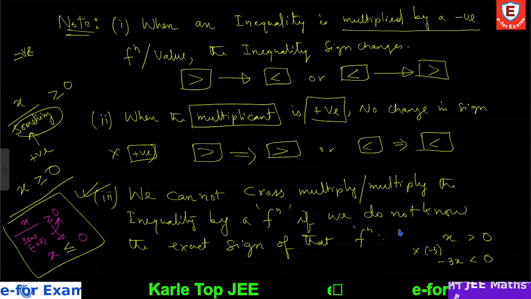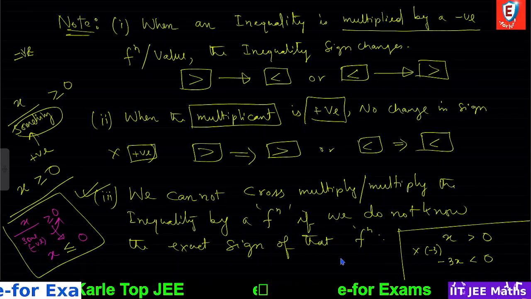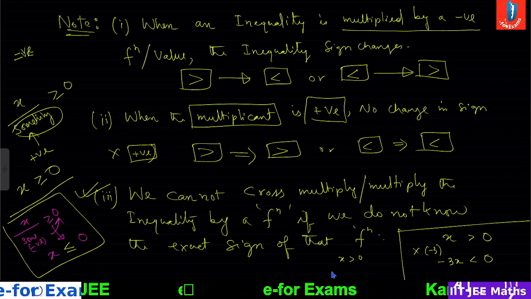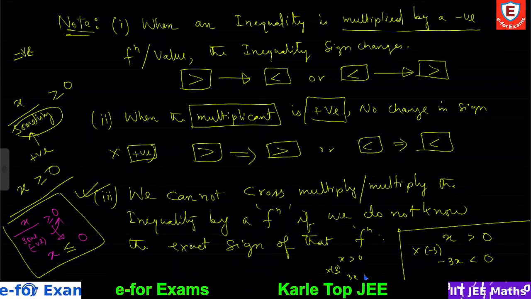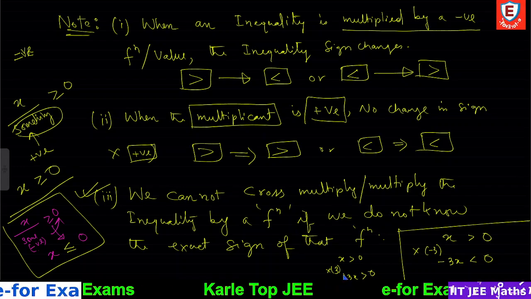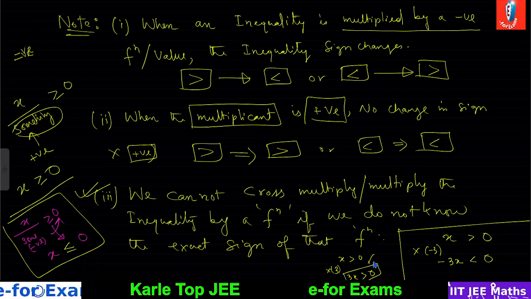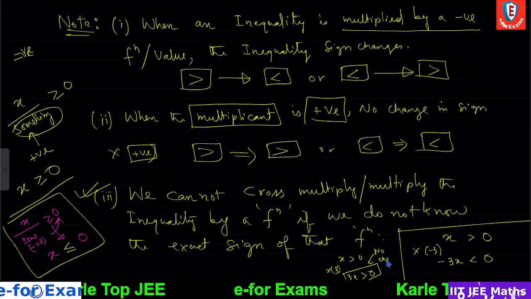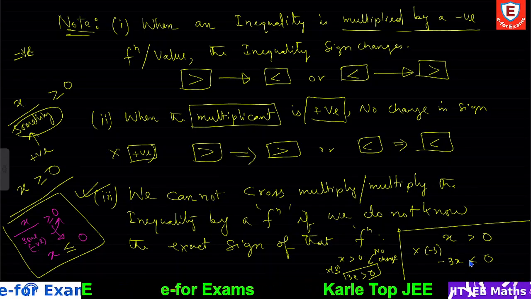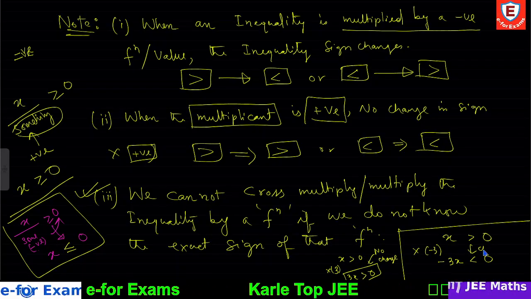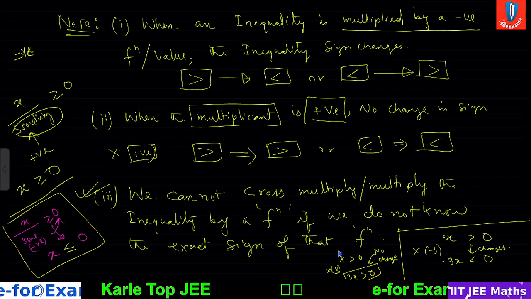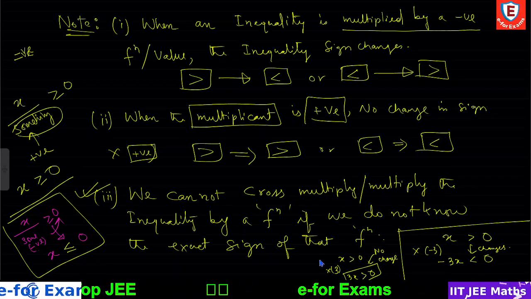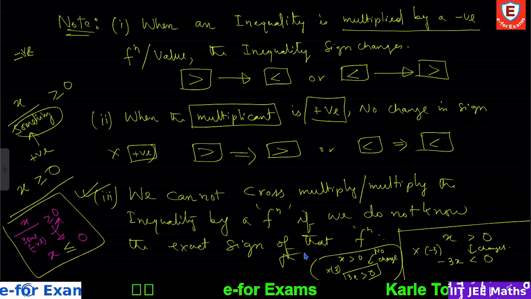But x is greater than 0, if we multiply by positive 3, then 3x remains greater than 0 only. No change in sign. Here the sign is changed. Here no change in sign. This is point number 3.